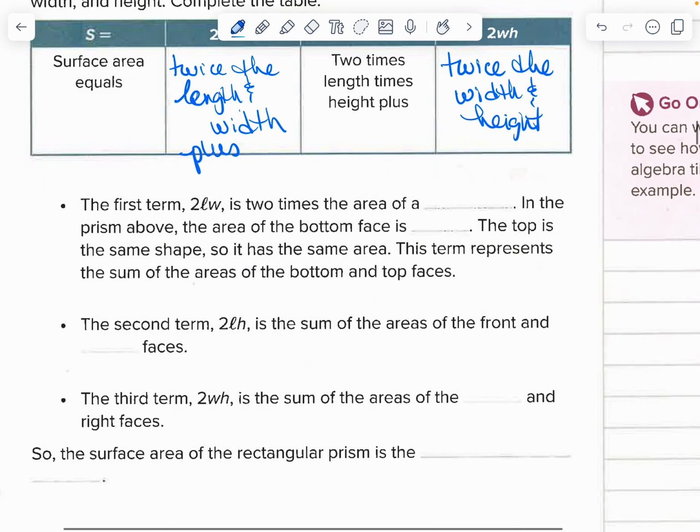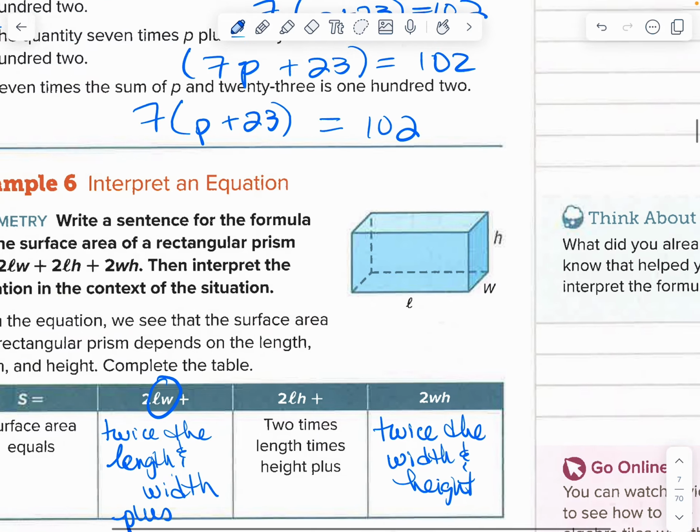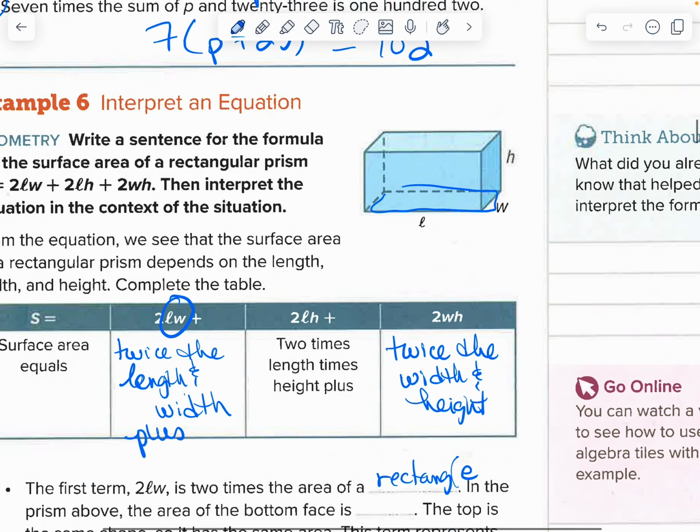The first term, 2LW, is 2 times the area of what? LW. Do you know what LW is? That's a rectangle. And the prism above, the area of the bottom face, this area right here, is LW.